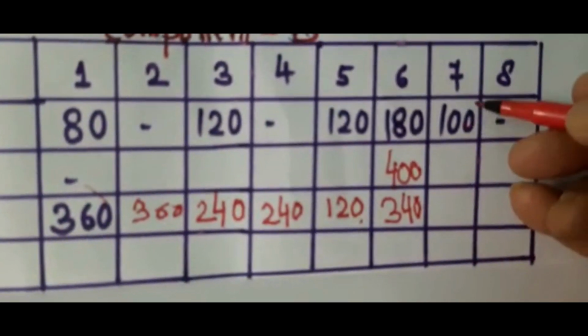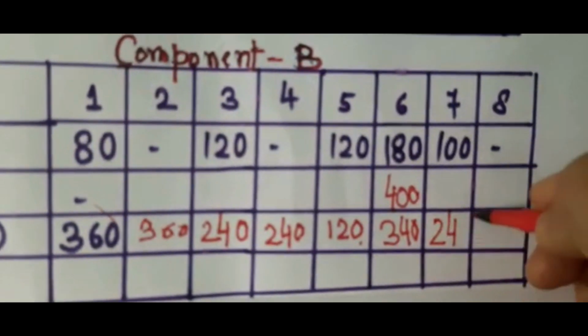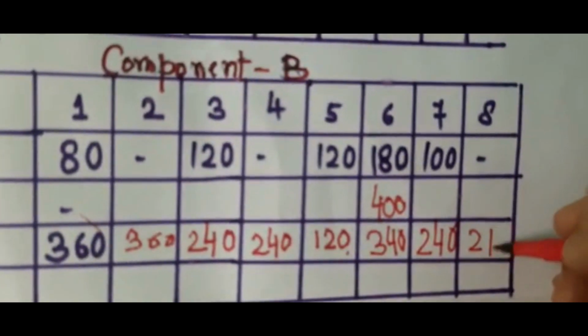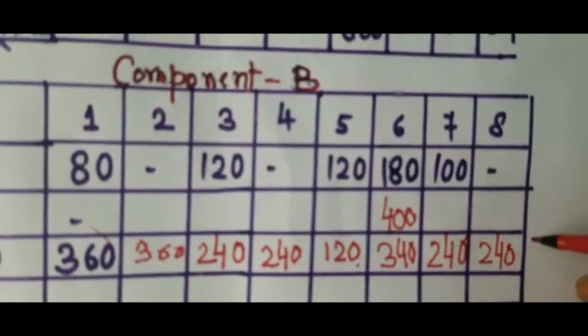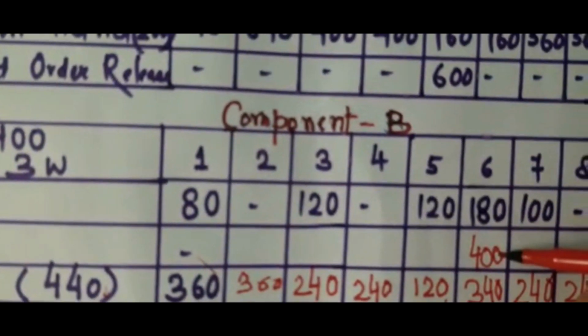The demand in 7th week is 100, so my stock level comes down to 240. There is no requirement in the 8th week, so my stock level continues to be 240 at the end of 8th week. But I have received 400 units in 6th week.